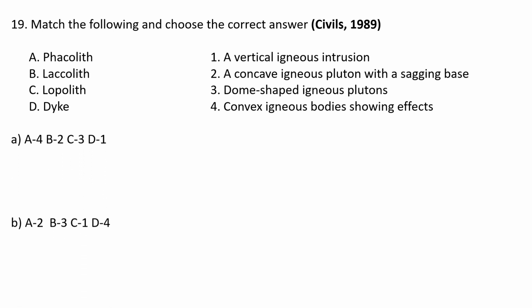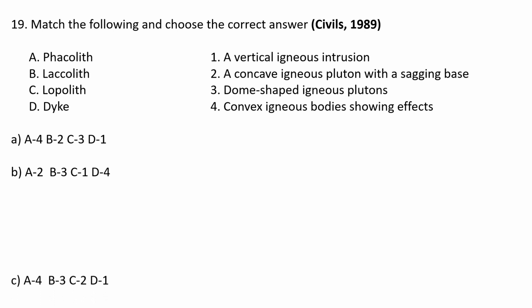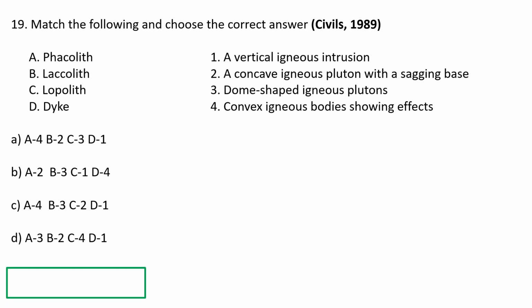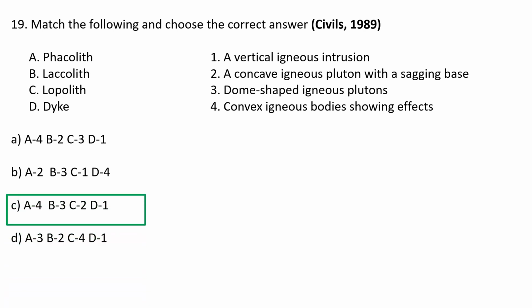So the choices are A. A4, B2, C3, D1, B. A2, B3, C1, D4, C. A4, B3, C2, D1 and D. A3, B2, C4, D1. So the correct answer is C.